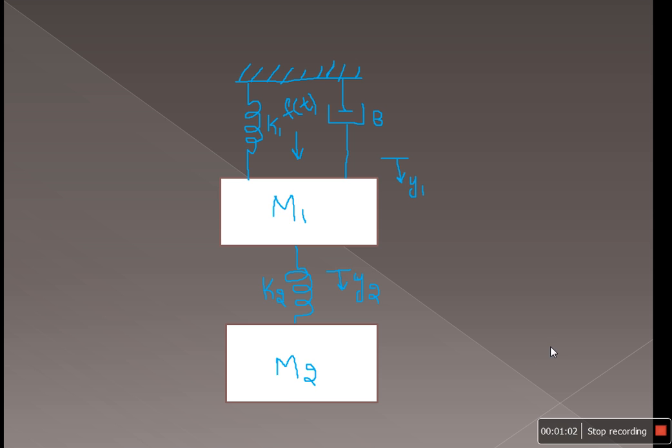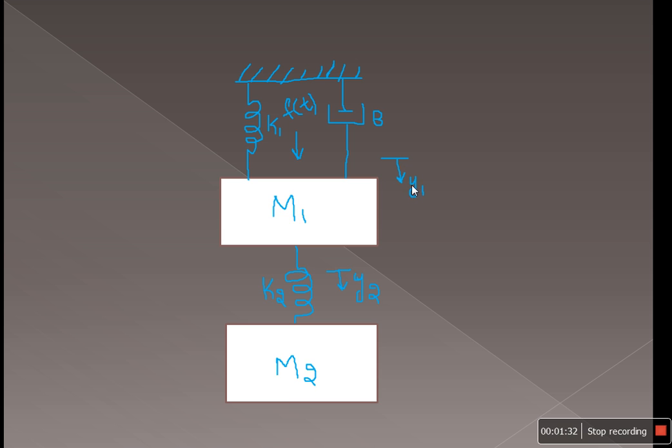So now we are going to solve. Here they are giving two masses, m1 and m2. That's why in this problem we get two free body diagrams. For m1 we have the applied force F of t, and the displacement is y1.